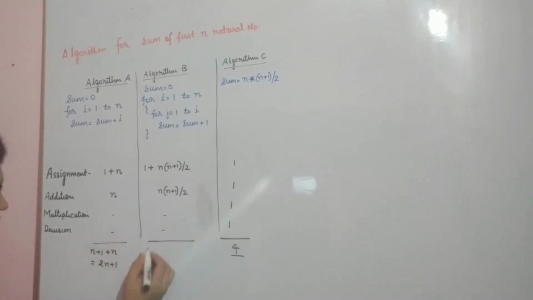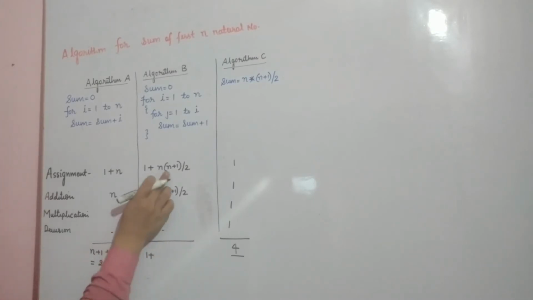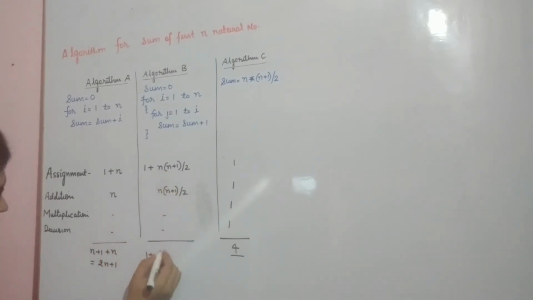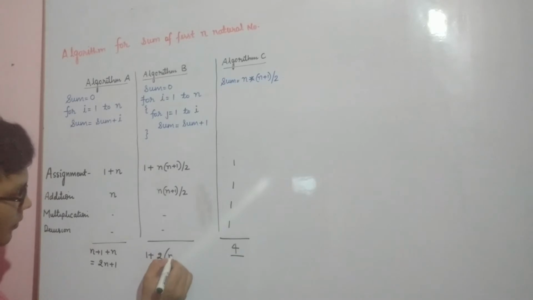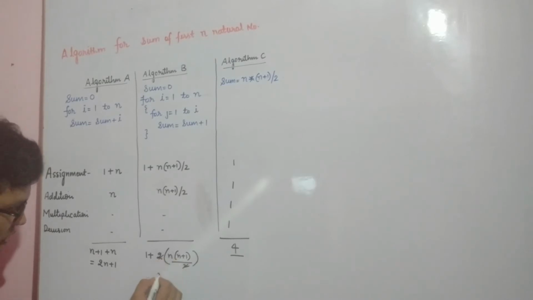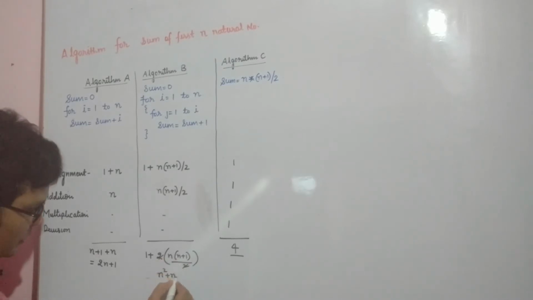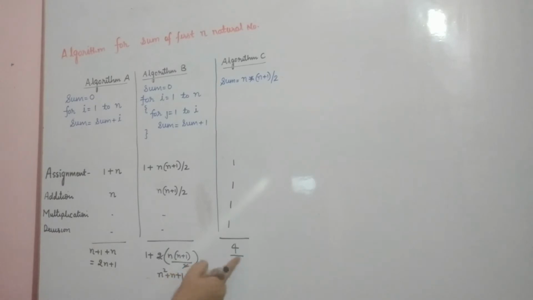And in this case, 1 plus n plus 1 by 2, n plus 1 by 2 means 2 times n plus 1 by 2, 2 cancel, and you can solve this: n square plus n plus 1. Or this is 4. In algorithm B, number of operations are n square plus n plus 1, in algorithm A, number of operations is 2n plus 1, and in algorithm C, number of operations is 4.